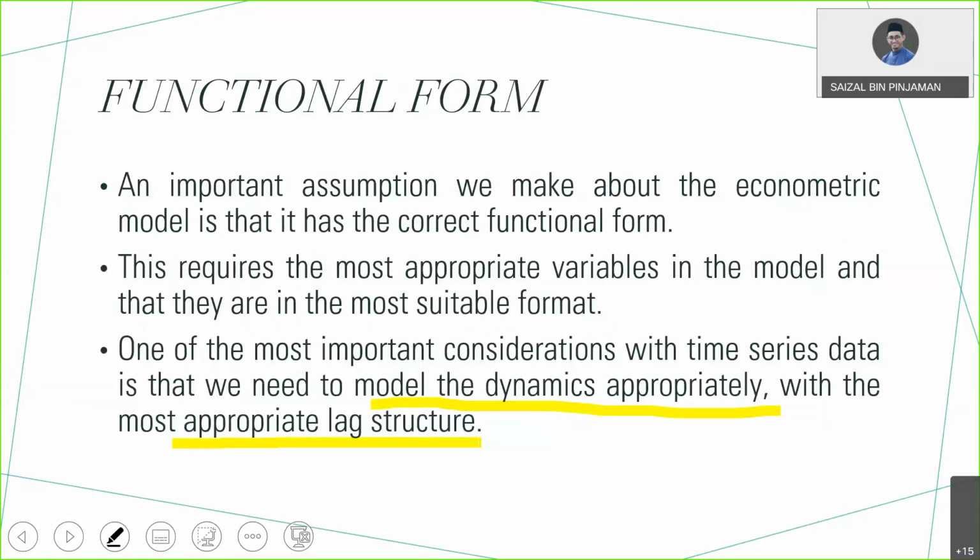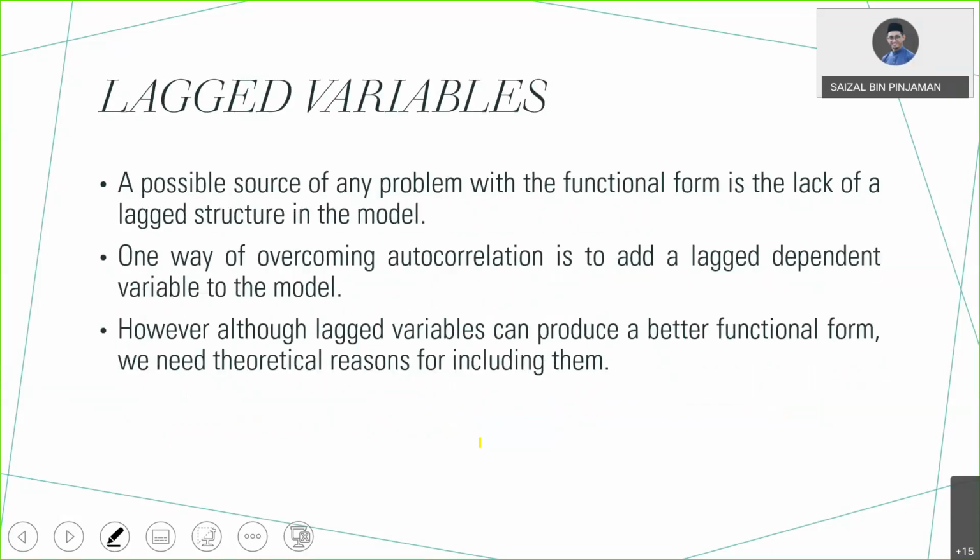And talking about dynamic models and lag variables, a possible source of problems with the functional form is the lack of a lag structure in the model itself. It means that when we fail to include lag structure in our model, even though it is important in explaining the dependent variable, then our estimation will have a problem.